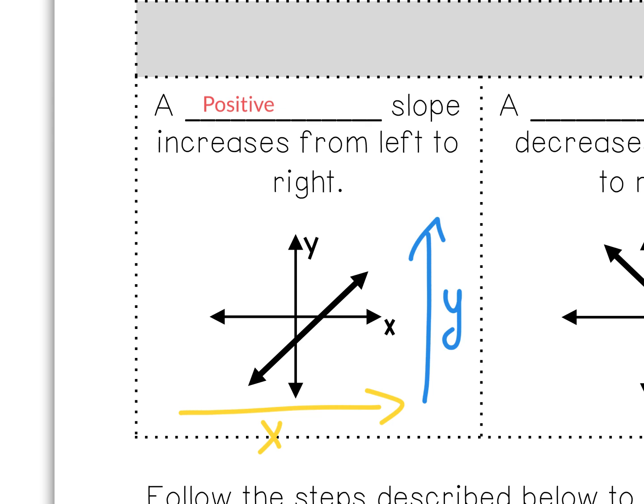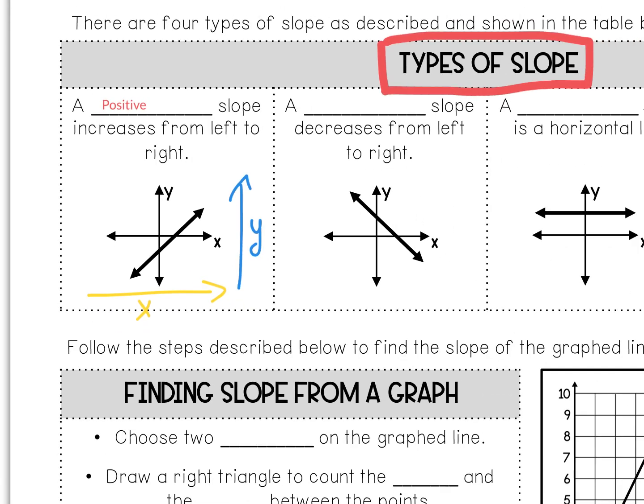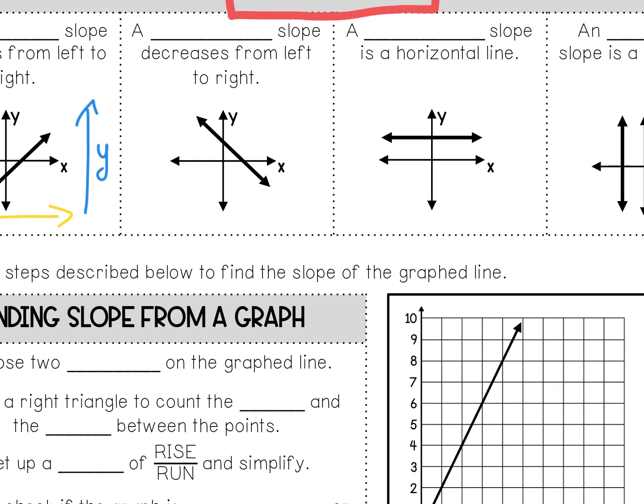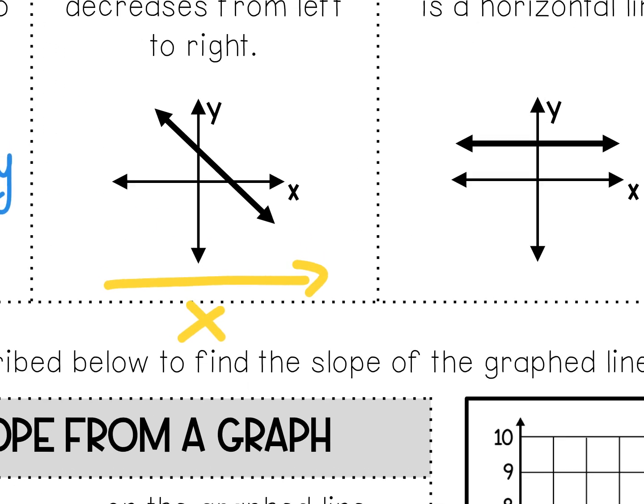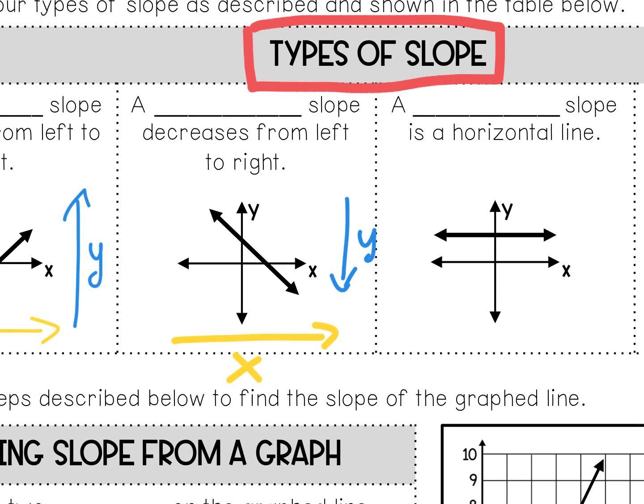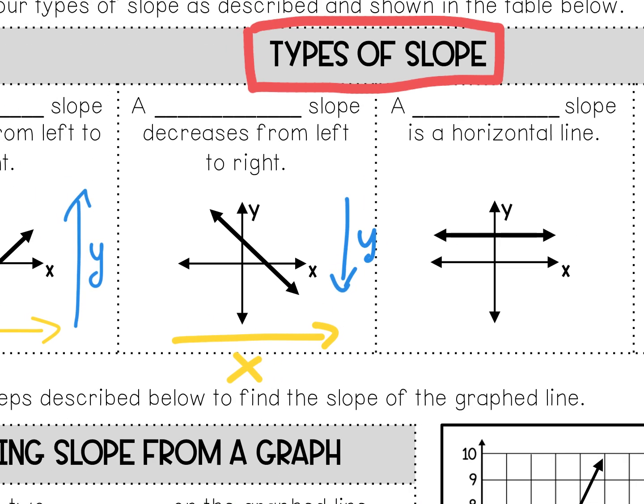And so if x is increasing, but y is decreasing, then that's a negative slope.